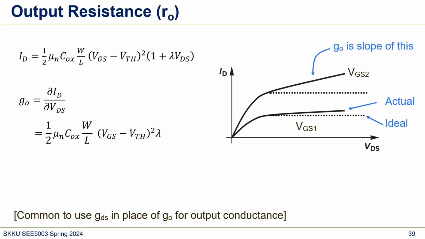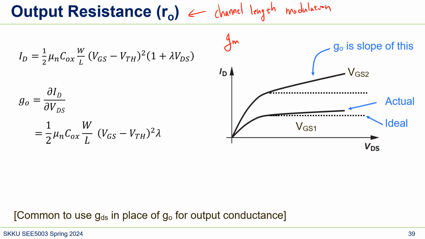So this comes from channel length modulation. You know, in our previous case for GM, we didn't consider channel length modulation, right? But then suddenly, why do we care about channel length modulation?